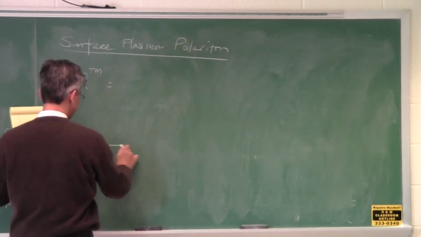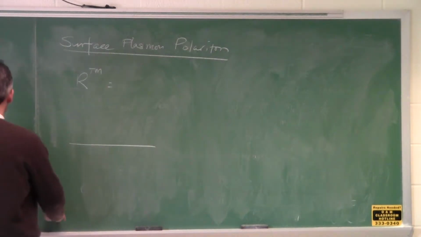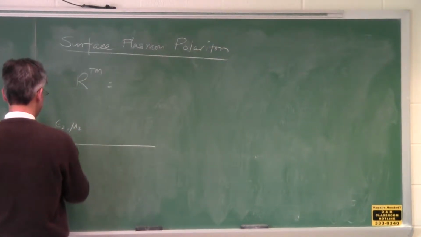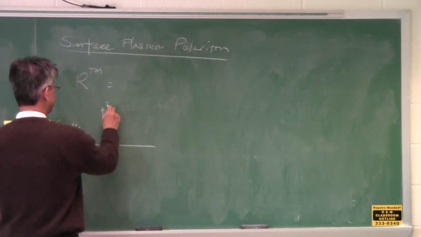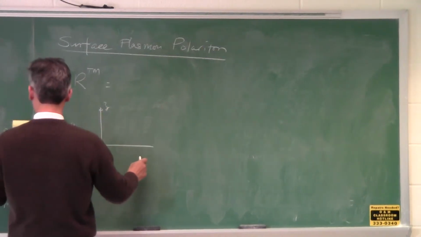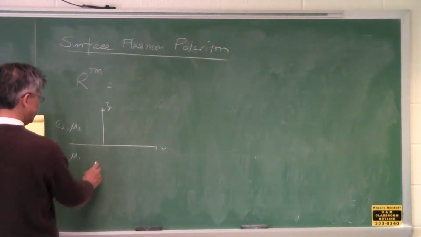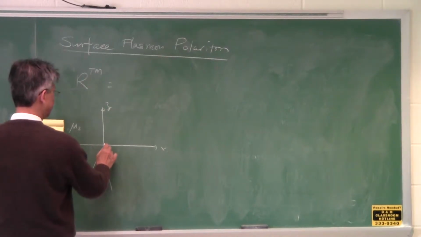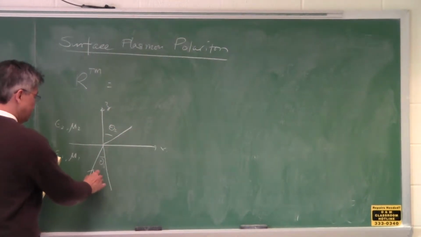In the textbook that Novotny and Hecht wrote, they study an interface problem where they have epsilon 2, mu 2 over here, epsilon 1, mu 1, a z-axis here, and an x-axis over here, and then they send in the light at this angle, theta 1, theta 2.